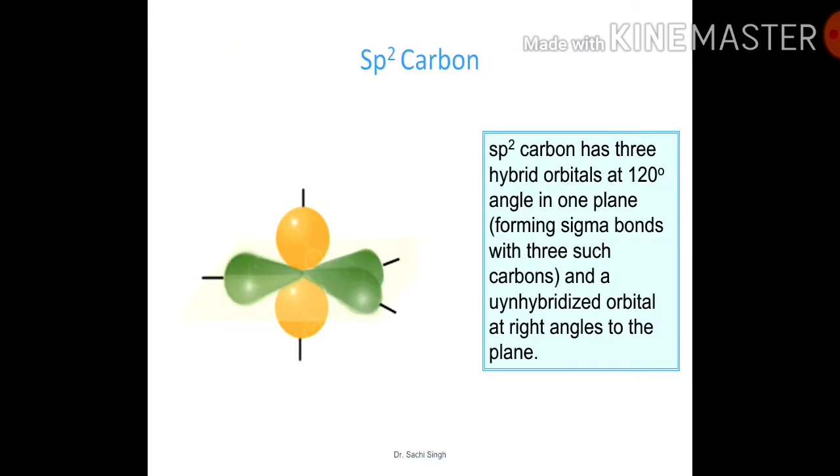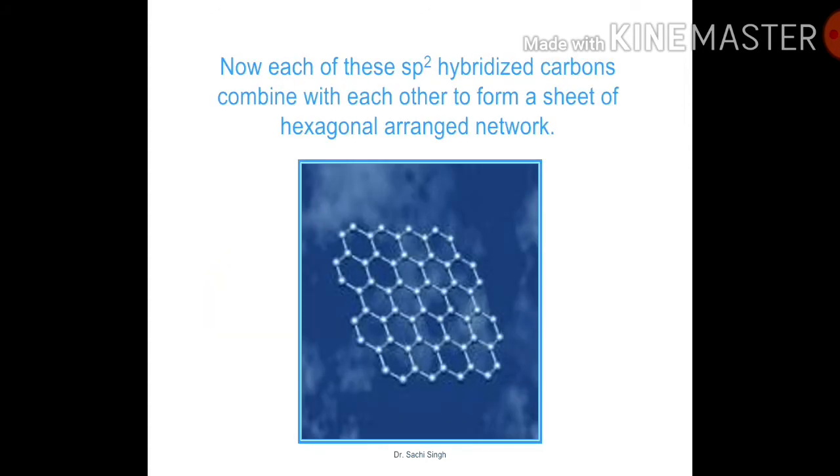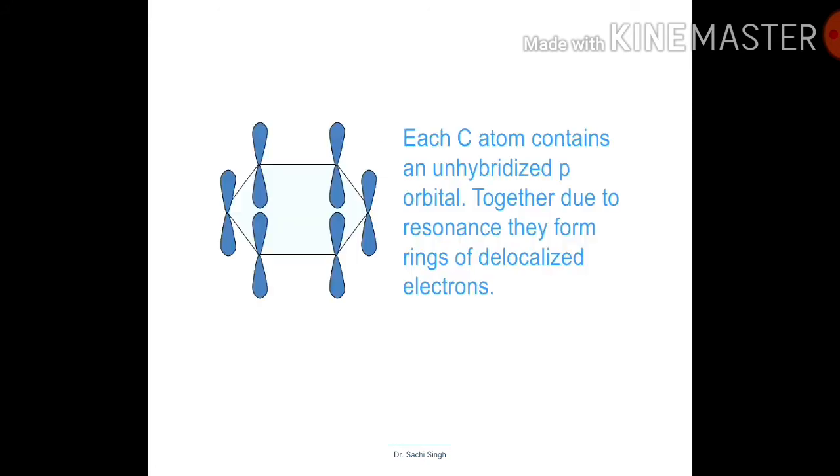That means the sp2 carbon has 3 hybrid orbitals at 120-degree angle in one plane. They form sigma bonds with 3 other carbons, and an unhybridized orbital at right angle to the plane. Now each of these sp2 hybridized carbons combines with the others to form a sheet of hexagonal arrangement network.